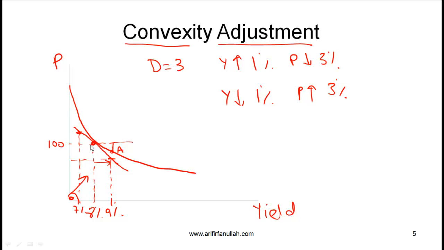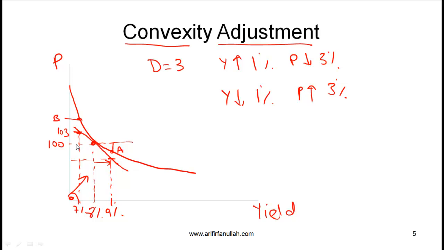When interest rates go down by 1%, then notice that the bond price goes up by more than 3%. This point here represented a 3% increase, but the actual bond price is at B. And notice that point B is above 3.